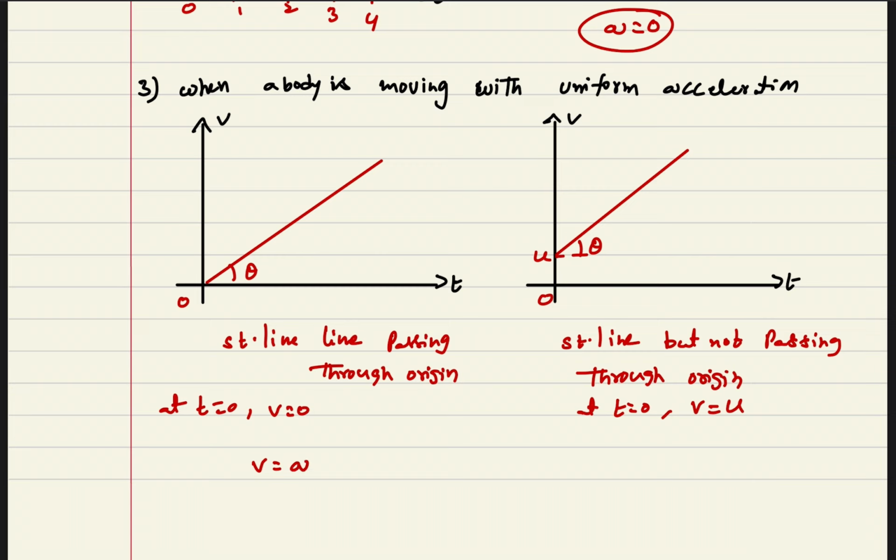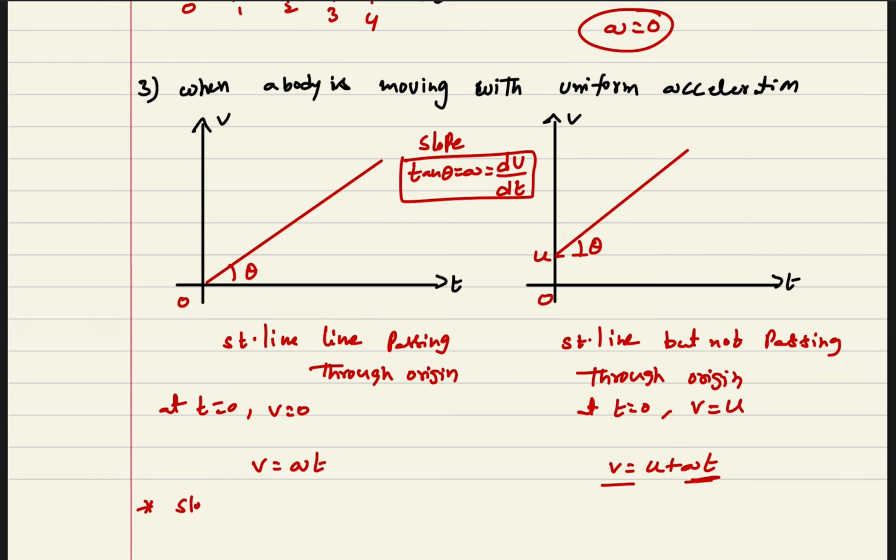This above graph is v is equal to u plus at. We can say v is a function of the first power of time. That's why I have written like this. And what is the slope here? Slope is tan theta is equal to a, that is equal to dv by dt.